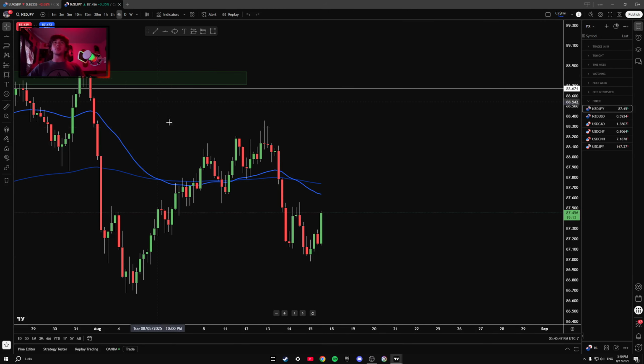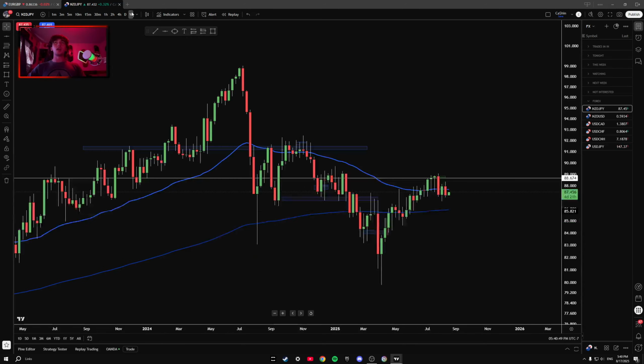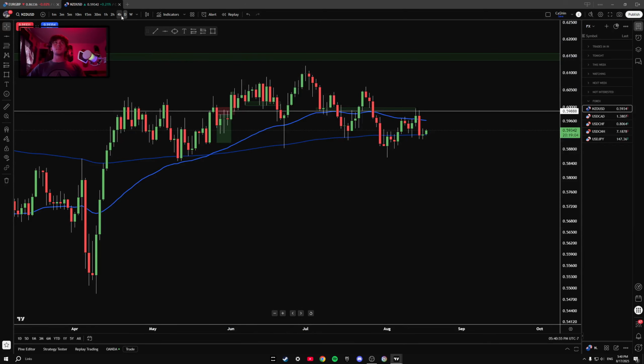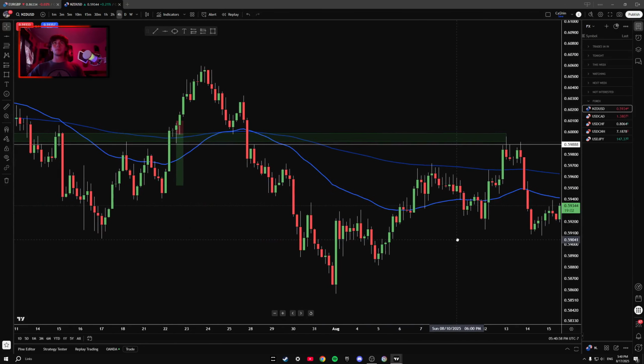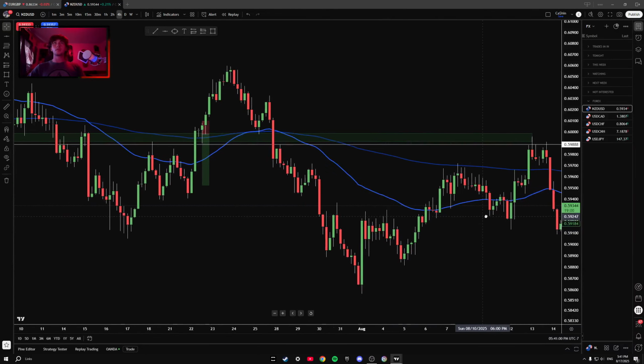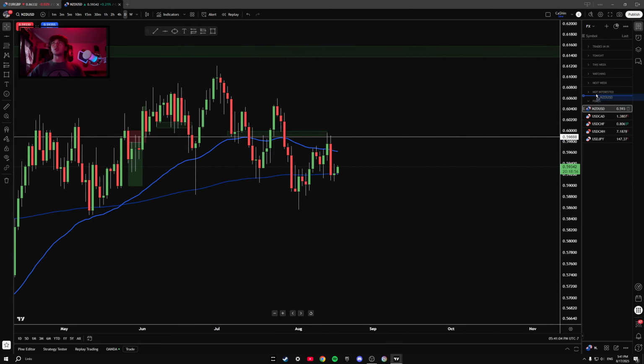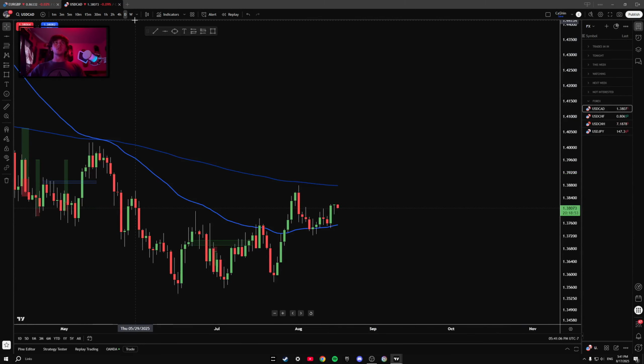NZD JPY. Is there anything here for us? I don't see anything. Not interested. NZD USD. I don't see anything too great. USD CAD.